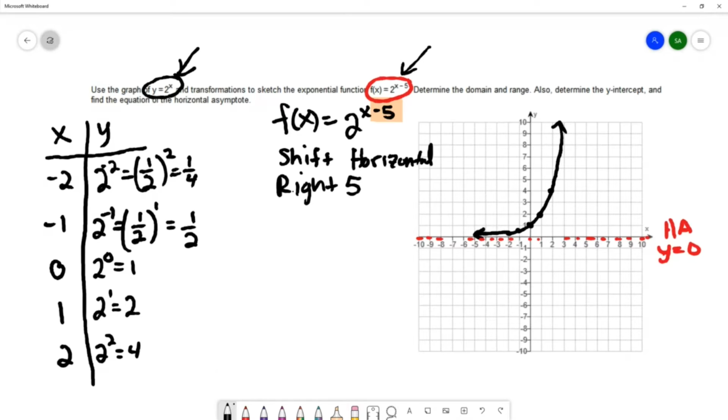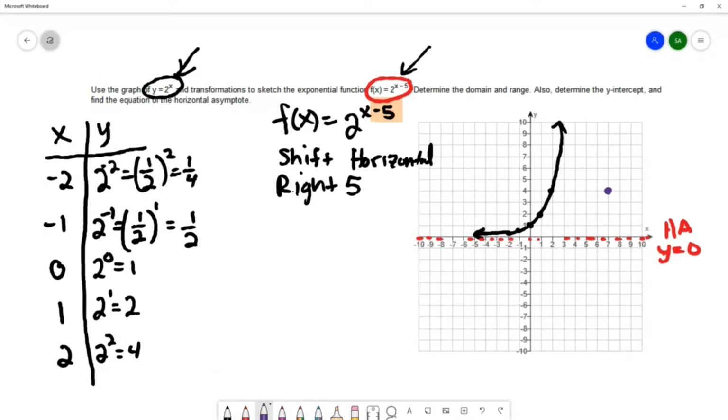So let's use a different color. How about this purple here? And I'm going to move each point to the right 5. So this point that is 2, 4, if I move that to the right 5, we will be at 7, 4.